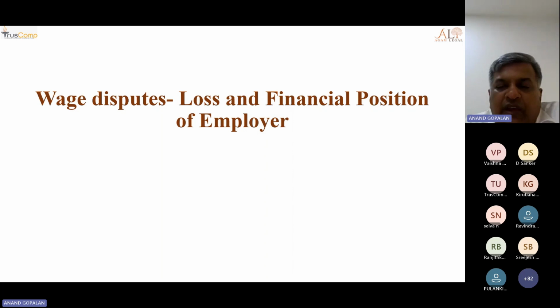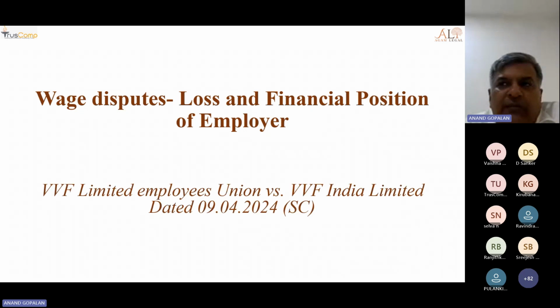In this case, where the employer didn't have the capacity, despite that the tribunal went on to grant certain benefits, the Supreme Court said that without the financial capacity, no increase could be granted, because it remanded the matter back to the tribunal, but this is the law that it has laid down and rather reiterated. So unless the employer has the financial capacity, the question of adjudicating a wage dispute would not arise.